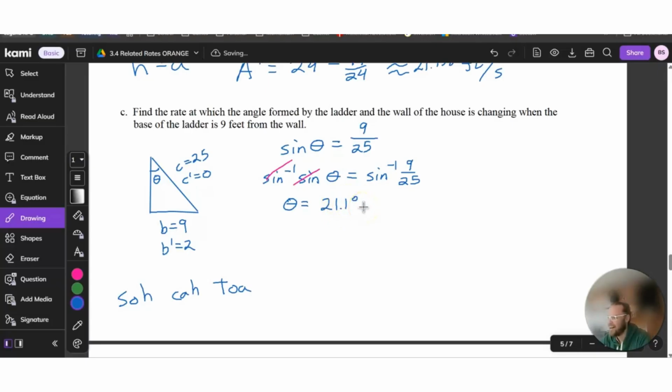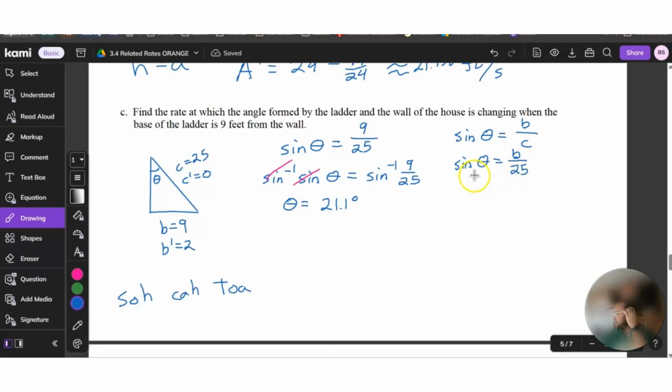Now that we've got that, let's go back to what we had before, which is sine theta is equal to opposite, which was B, over our hypotenuse, which is C. Now, are any of those constants? C is a constant. So, sine of theta is equal to B over 25.